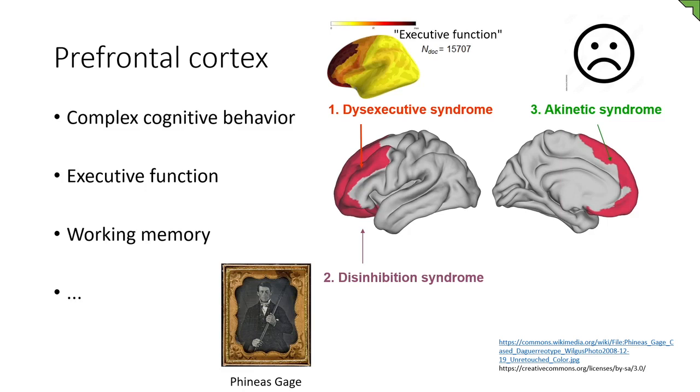And then the most prominent syndrome of the prefrontal cortex is the disinhibition syndrome in these orbitofrontal areas. So the inner lower part of the prefrontal cortex, this is where the social control lies.